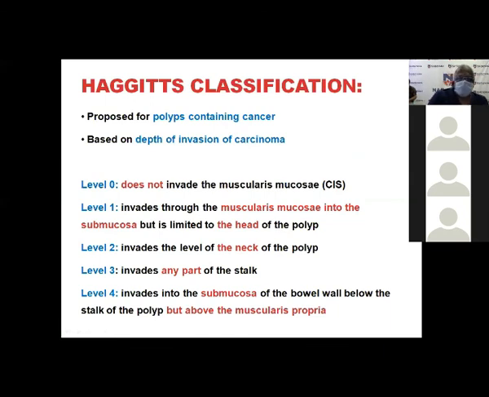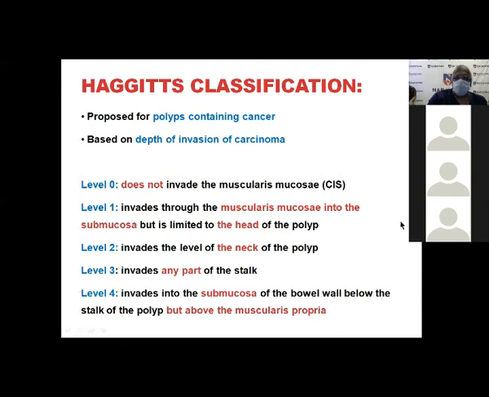The stalk is good. Level 2, invades the neck of the polyp, still the stalk is good. Level 3, invades any part of the stalk. Level 4, invades into the submucosa or the bowel wall below the stalk of the polyp, but above the muscularis propria. All these can be done with a local excision by a snare and sent for biopsy.